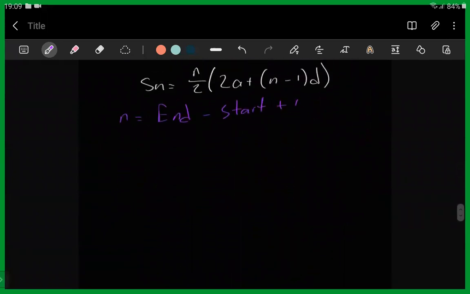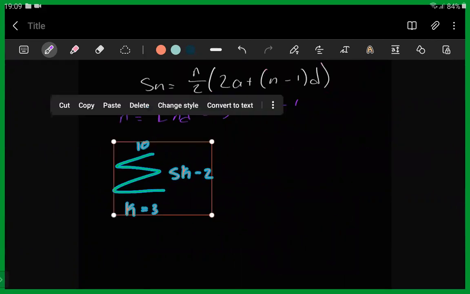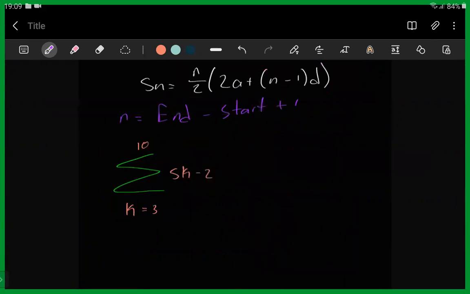On the other hand, a, you have to be very careful. Because a, we always assume it's term number 1.